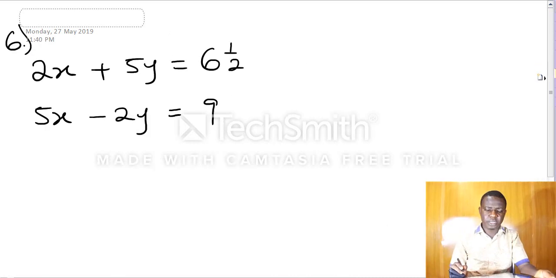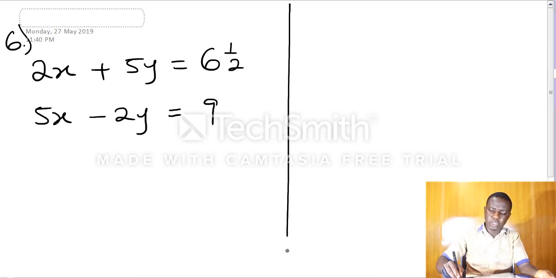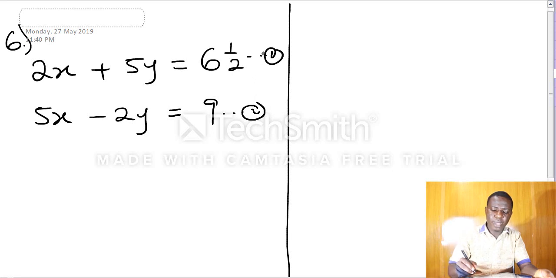Question number 6 says 2x plus 5y is equal to 6.5, while 5x minus 2y is equal to 9. I'm going to pick equation 2. From equation 2, I will make x the subject of the formula and substitute it into equation 1 to eliminate x.